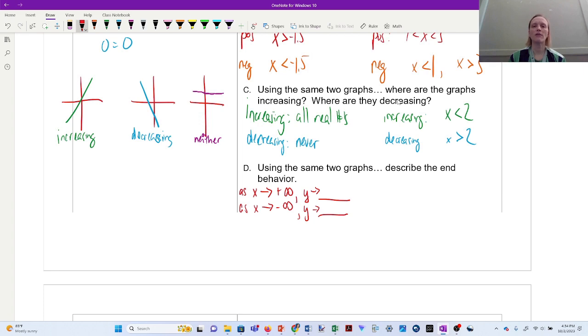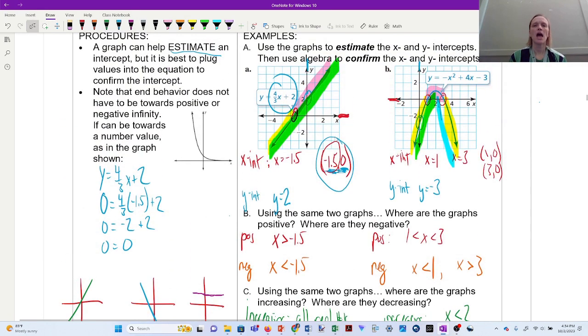So let's look at graph A and see what we have here. As x gets bigger and bigger, as we extend in the positive x direction, I see that the y value is going to continue to go up and up and up. Therefore, as x approaches positive infinity, y approaches positive infinity.